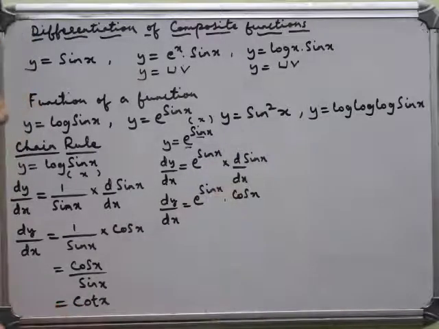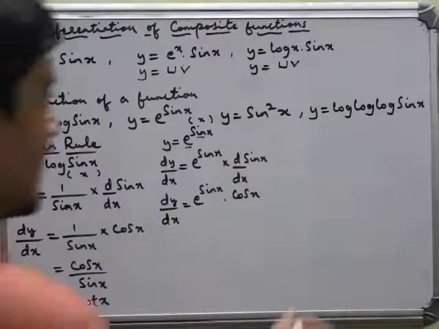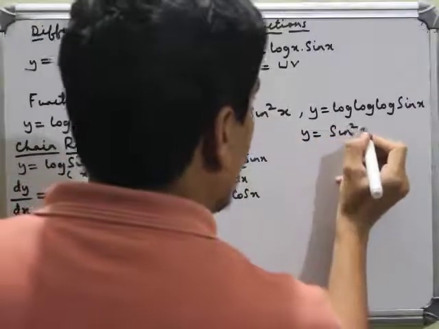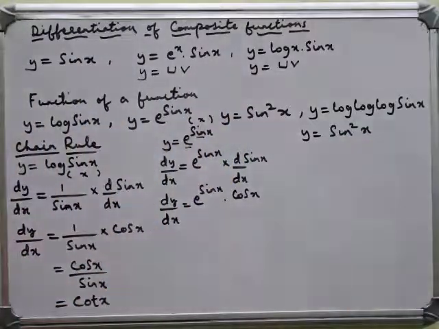Now let us find the differentiation of sin square x. So y is equal to sin square x. Okay. Here you have to use the x to the power of n formula. But to use the x to the power of n formula, there is no x present.